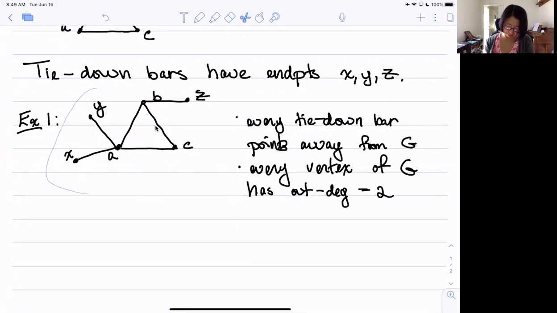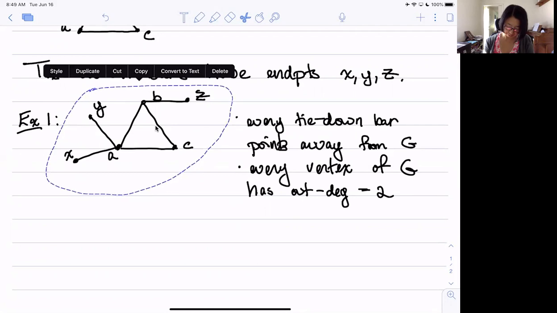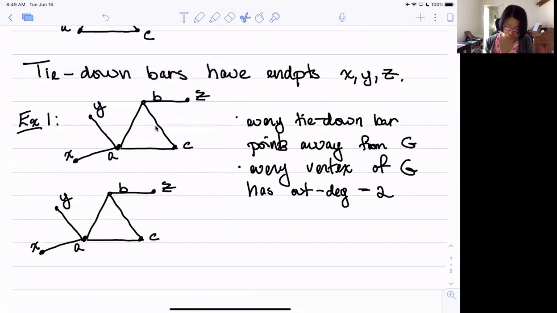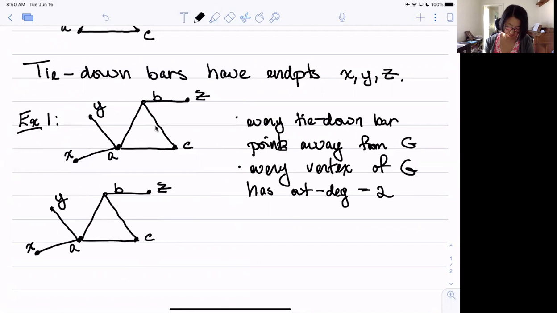So I'm going to copy this and orient a duplicate copy of it. I'm going to change my pen color to red and follow these rules. First I'm going to orient all the tie down bars away from the original graph, so I get that orientation. Now I have to make sure that every vertex in my original graph has out degree 2. When I look at A, I see it already has out degree 2 because it had 2 tie down bars.